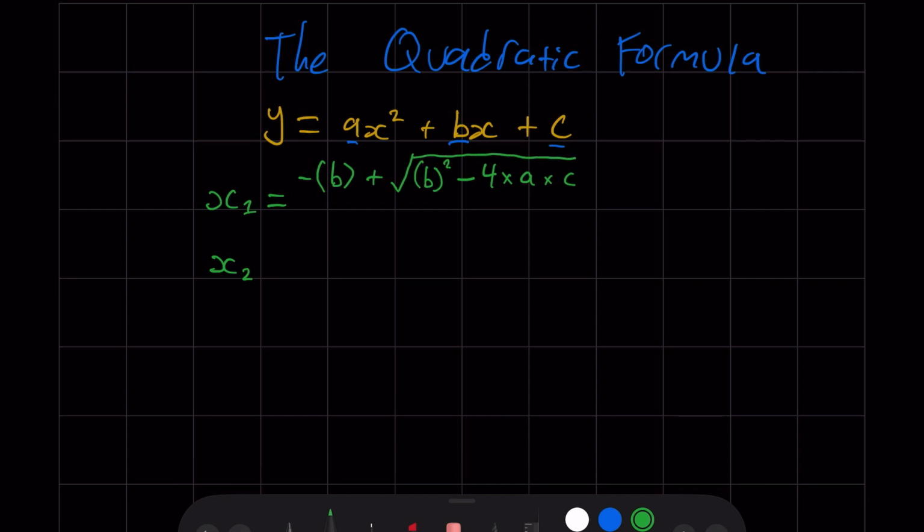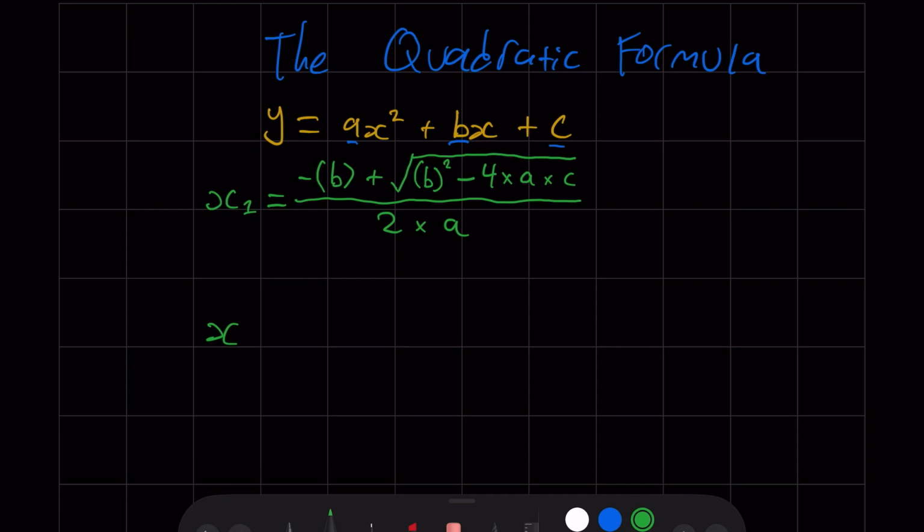And that is all under the square root. And then all of that is divided by 2 times a. So we have negative b plus the square root of b squared minus 4 times a times c, over 2a.